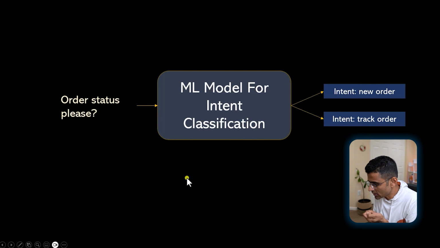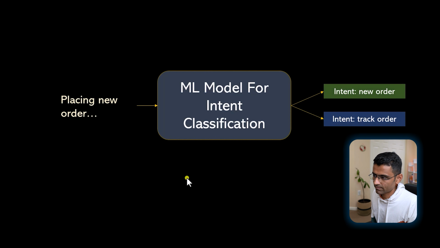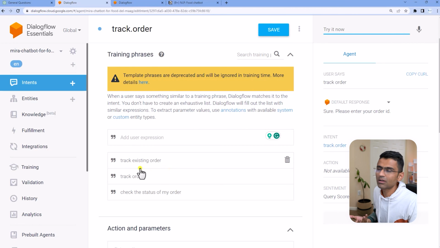So you are essentially doing intent classification here. It will say, you know what, this is track order intent. For a different use case, it will say, this is a new order intent.